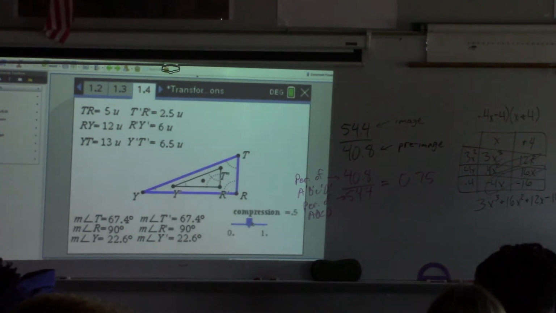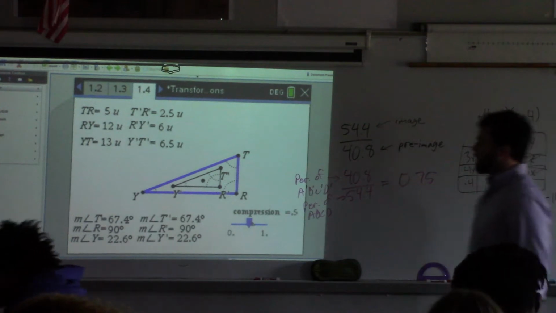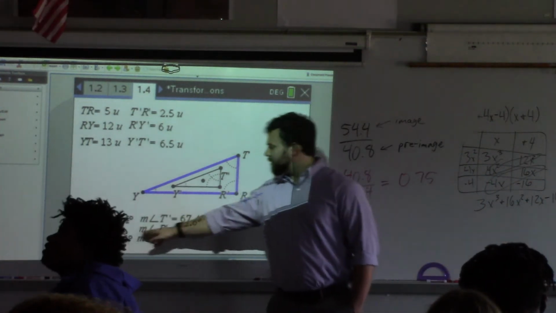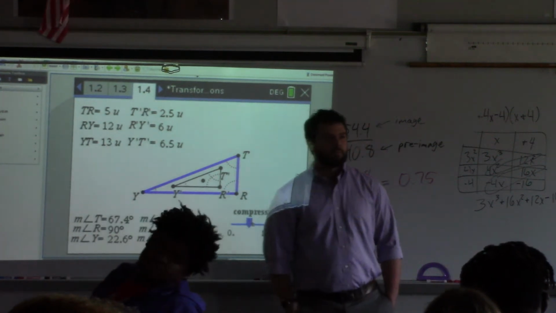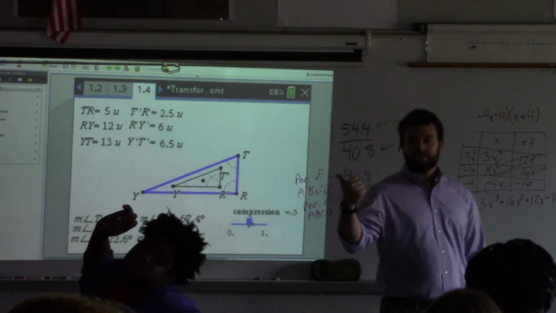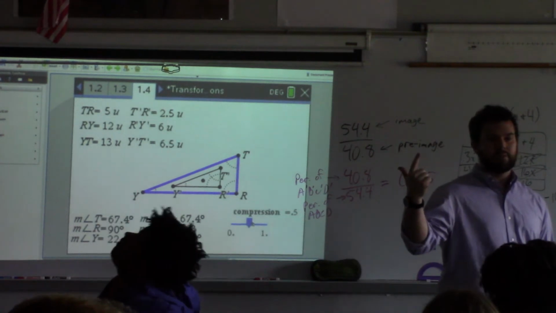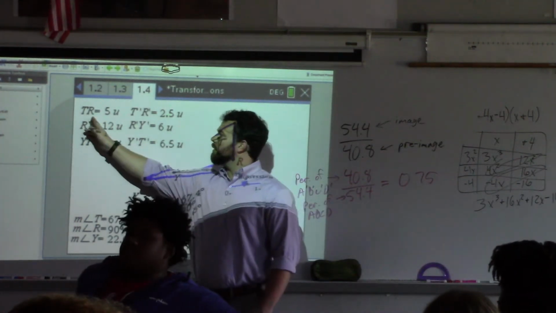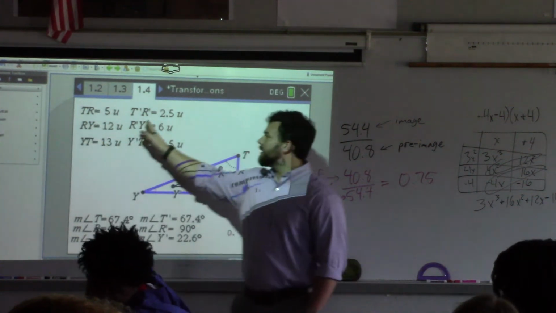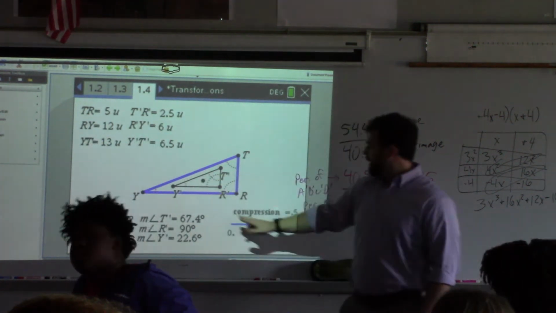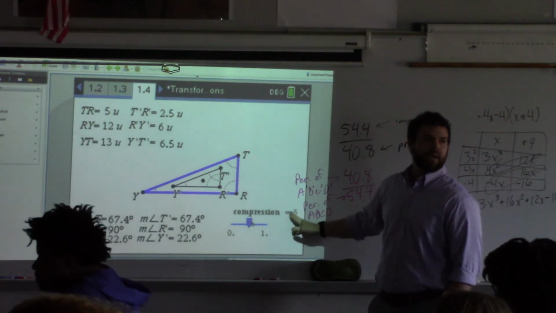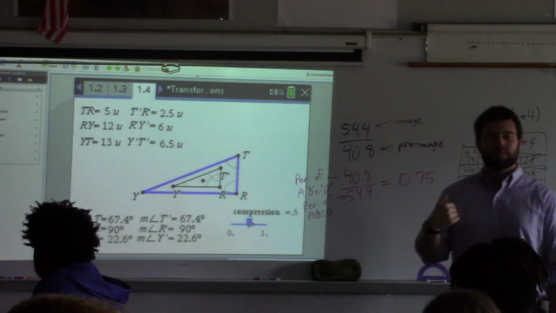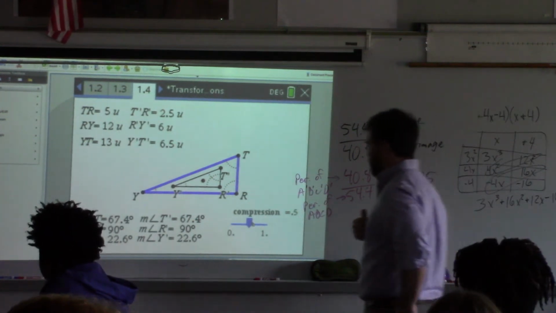Notice that the image is smaller, but look at the angle measures. The angles between the pre-image and the image are congruent. What was done to this length TR to get T prime R prime if my scale factor is 0.5? It was multiplied by 0.5.